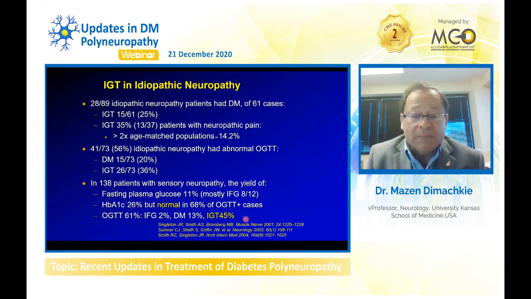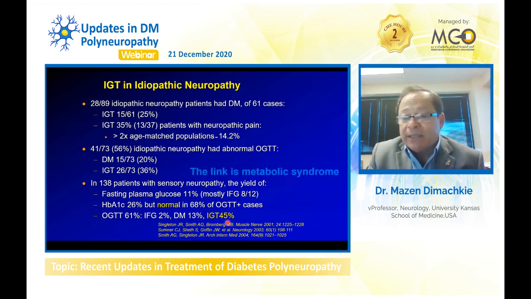However, over time, we got to understand that while doing an OGTT, an oral glucose tolerance test, is much more sensitive than A1C or straight up fasting glucose for detecting any of those conditions, including impaired glucose tolerance, the key link from that, meaning impaired glucose tolerance, prediabetes, to development of neuropathy is this, the metabolic syndrome.